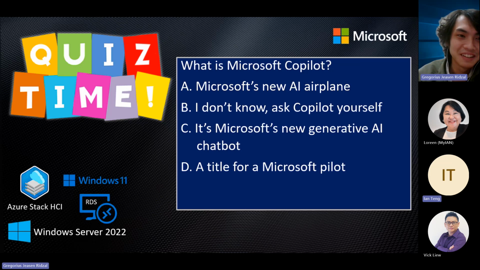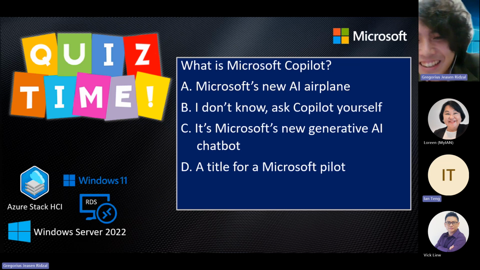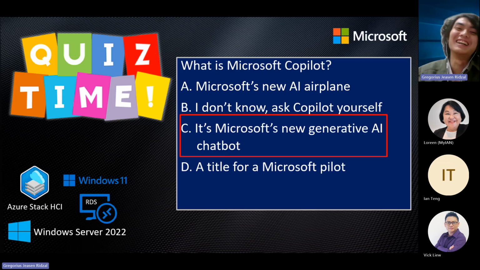Is it fair to ask me this when I'm the one that made it? Well, it's number 3, isn't it? Oh, you mean C? Yeah. Okay, so it is Microsoft's new generative AI chatbot.